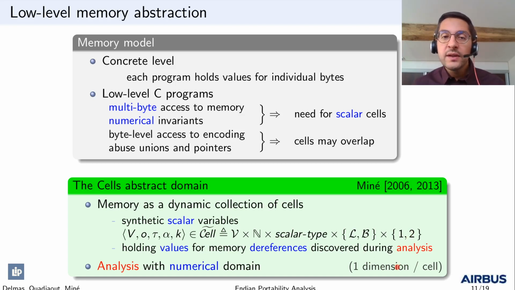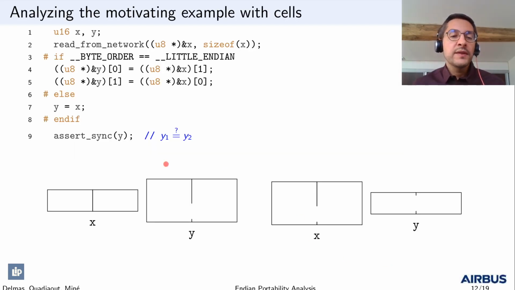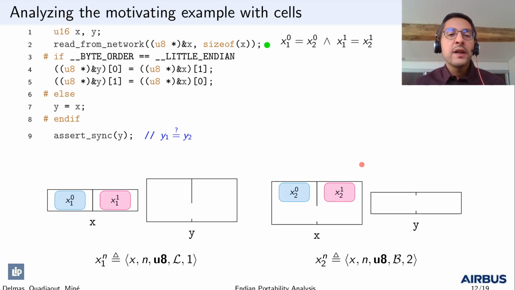Let us do it on the example. This is the little endian memory, this is the big endian memory. When writing the same values to the bytes of X in both memories, we synthesize 1-byte cells for X in both memories and record equalities.